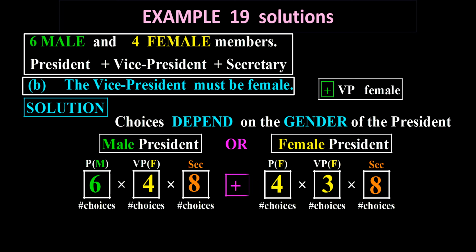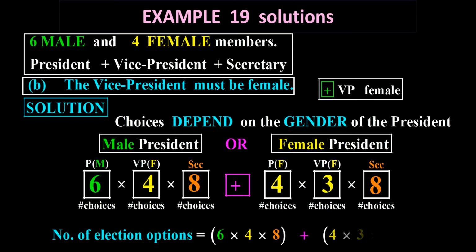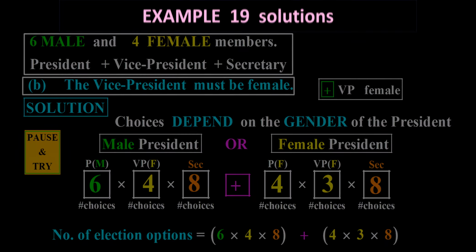And so it's the male option or this one, so we have to add those options. So this is 6 times 4 times 8 plus 4 times 3 times 8, and if we calculate that, that's going to be 192 plus 96, equal to 288.